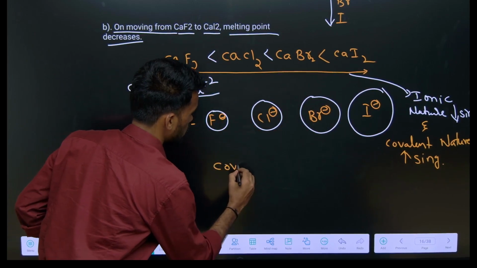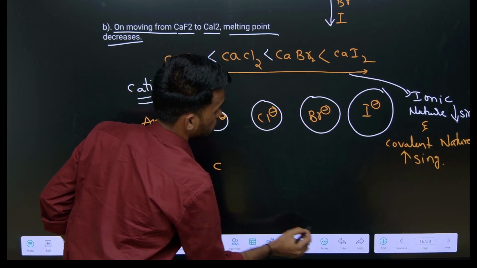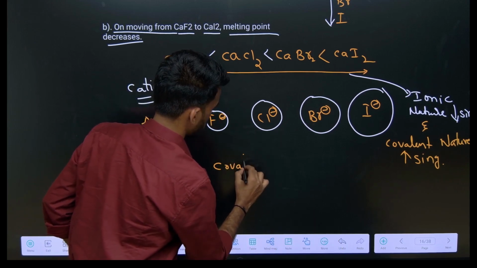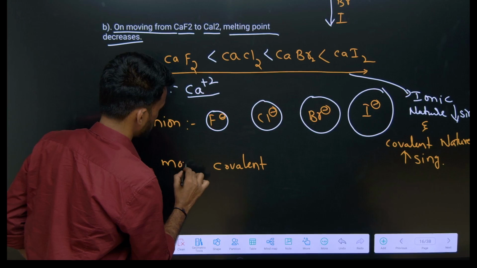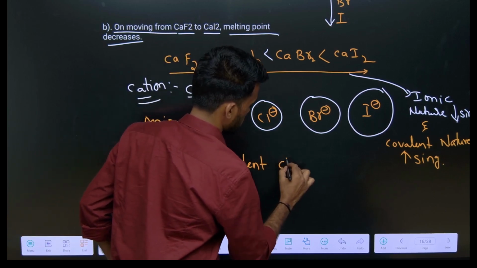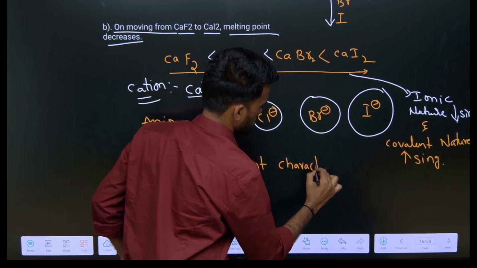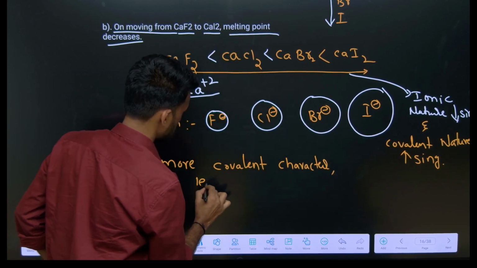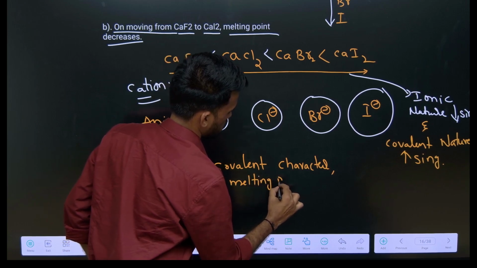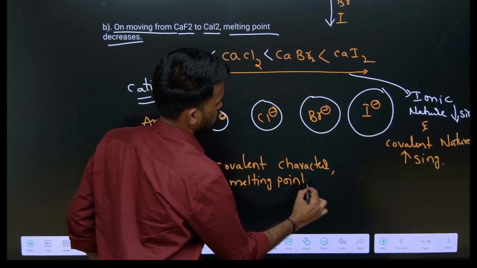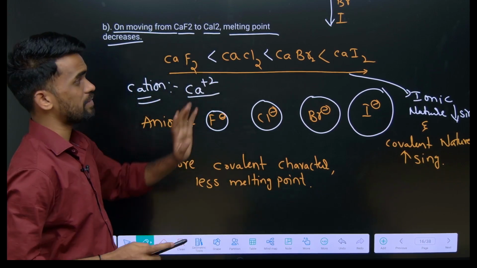Here I am writing: more covalent character, less melting point. Based on this statement, which has the lower melting point?